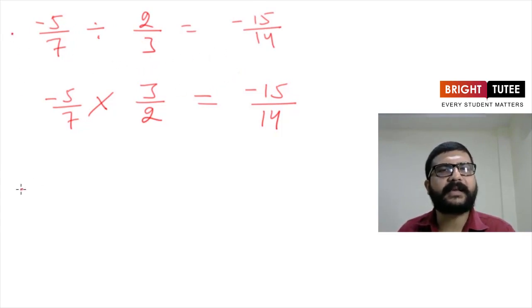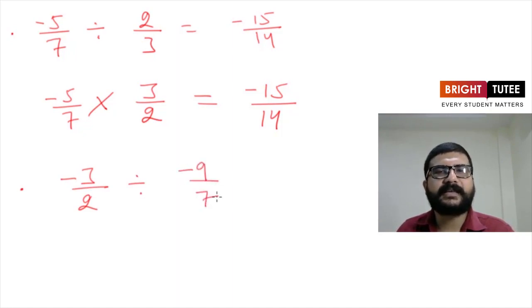Let's see one more example. Let's say we are having minus 3 upon 2 divided by minus 9 upon 7. First number as it is, that is minus 3 upon 2 as it is, multiplied with the reciprocal of the second number, that is 7 upon minus 9, or we can say minus 7 upon 9.